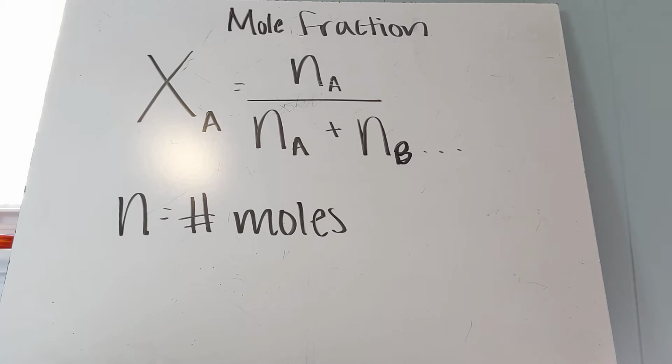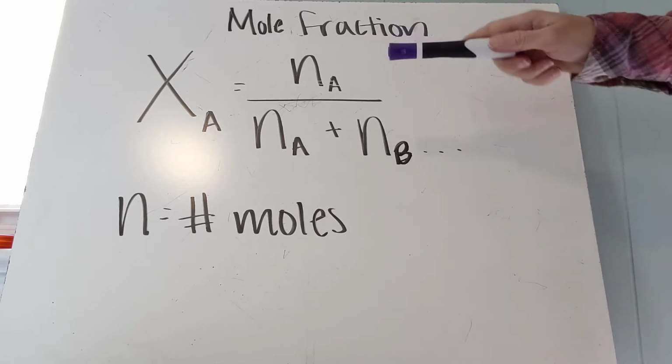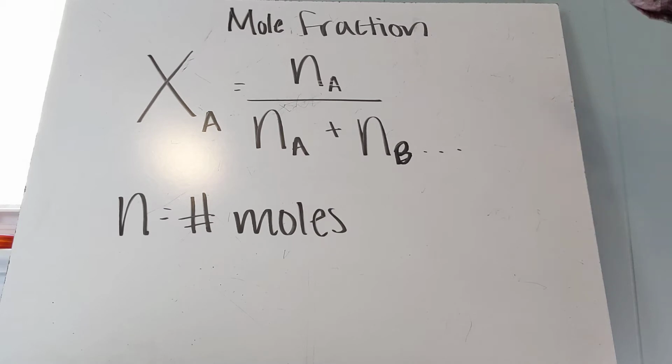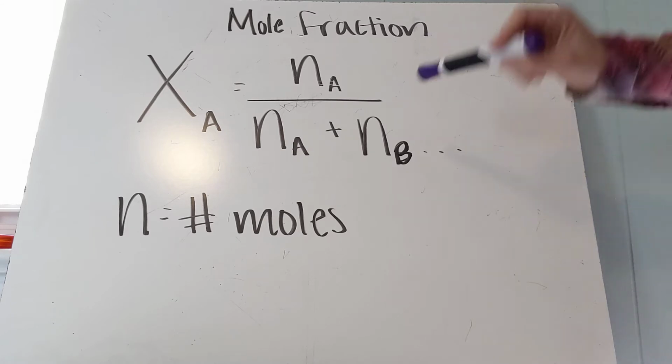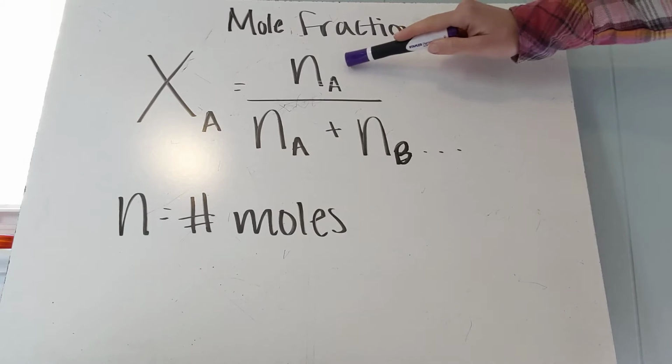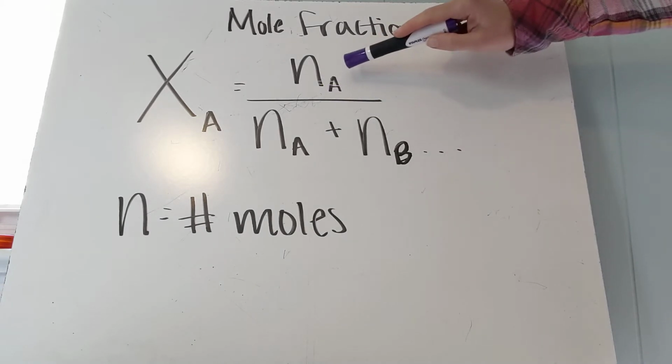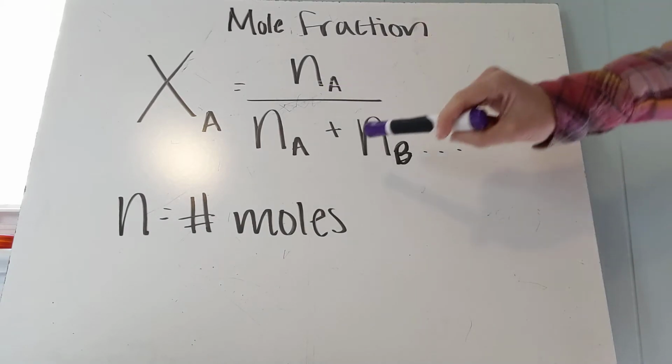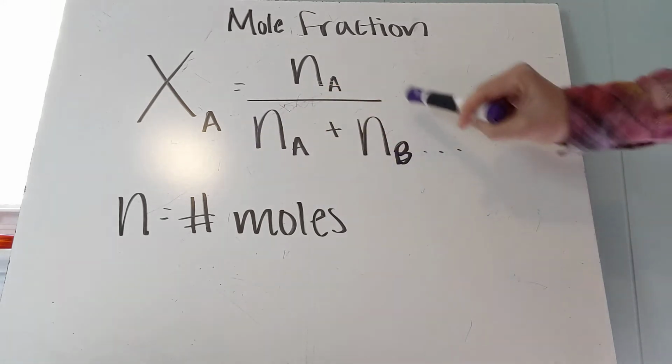Sometimes you might be finding the mole fraction of a gaseous solution, in which case there's not necessarily a solute or solvent. Anyways, the mole fraction is a fraction of the moles in solution. Number of moles are represented by an N, so we have the number of moles of solute A divided by the total number of moles.